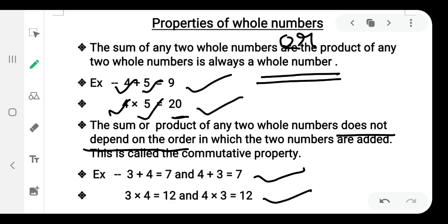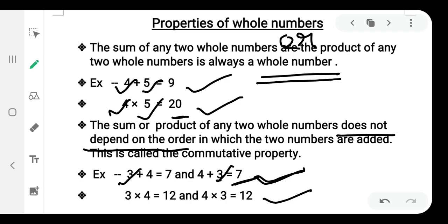Also you can say 4 plus 3 gives me 7. That means here 3 was first and here 3 is at the last. So you can see by changing the position, by changing the order of these whole numbers, our result is not affected. The answer is the same only.